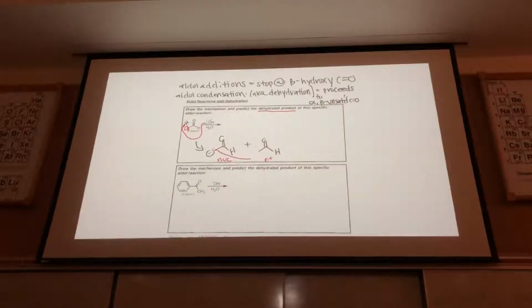So the lone pair attacks, the carbonyl opens, and the new bond is between the alpha carbon and the carbon that was part of the carbonyl. So I'm just going to scoot everything over, put the left one on the right. So this is my aldehyde that used to be an enolate. That's the aldehyde side, so that was the nucleophile.